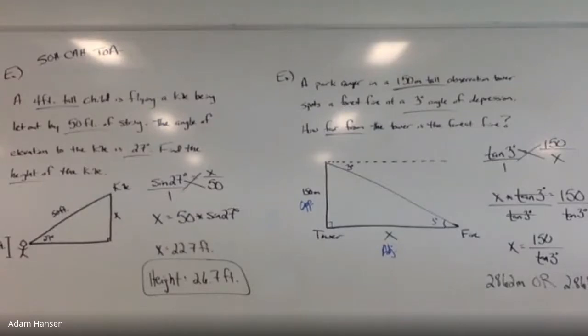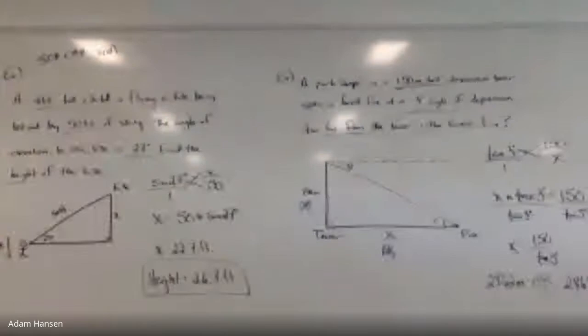The distance from person to pole is the horizontal distance. And the angle of elevation is above the horizontal, so we should put that down. Draw your picture on here.